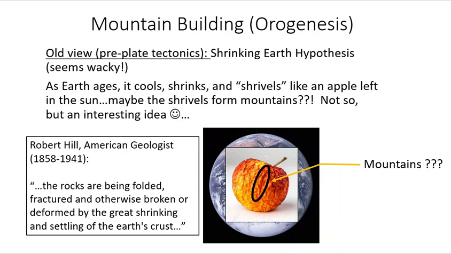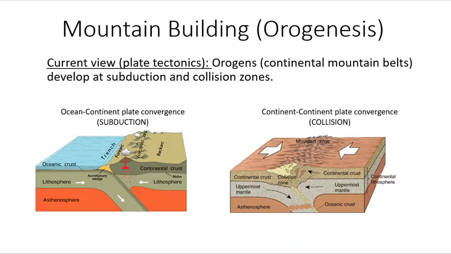And you can see that quote down on the bottom of the slide by Robert Hill. Hill said, quote, "The rocks are being folded, fractured, and otherwise broken or deformed by the great shrinking and settling of the Earth's crust." So again, interesting idea, except for the fact that it's completely wrong. Luckily for us, we're on the right side of the plate tectonics revolution.